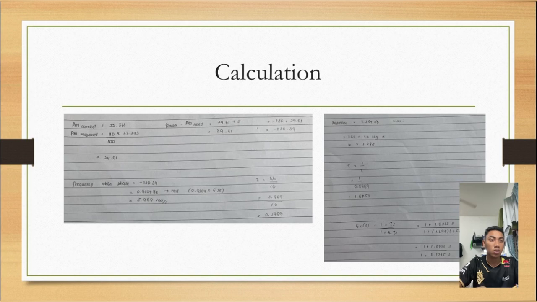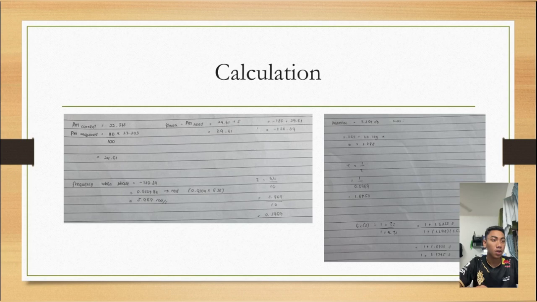So the answer is 29.61. Okay, for the frequency when phase, the answer we get is negative 180.39. After that, we change it into radians by multiplying by 6.28.